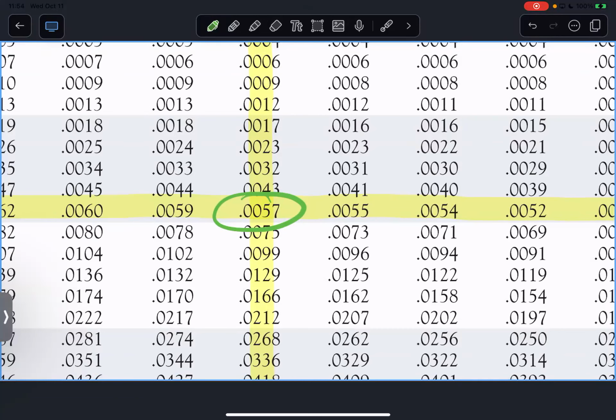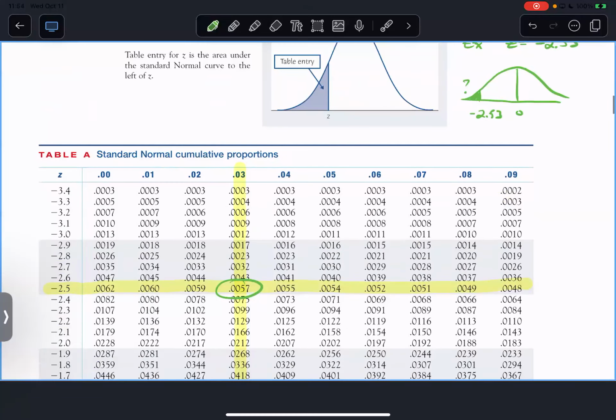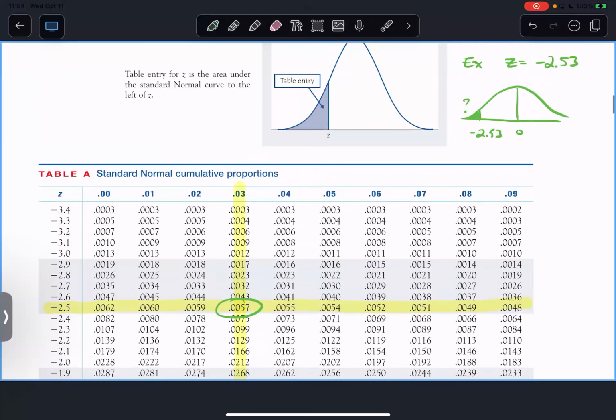Now I can replace my question mark with 0.0057. Probabilities have to be between 0 and 1, right? A probability of 0 means it can never happen. Or the total area under the curve is 1, or something in between.